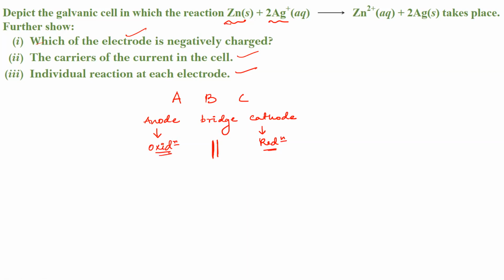Now you can tell me, zinc is getting converted to zinc positive. So what is this process, oxidation or reduction? Tell me. Why are you making mistakes in oxidation and reduction?